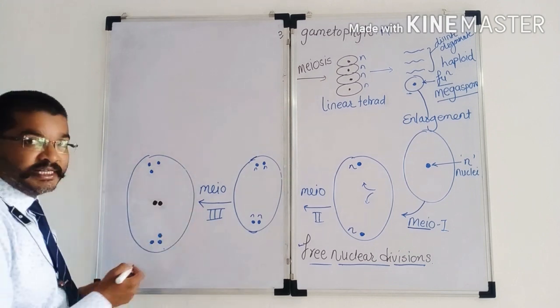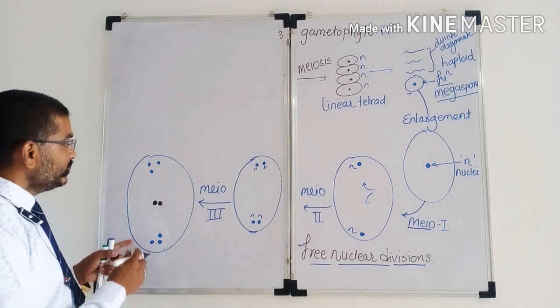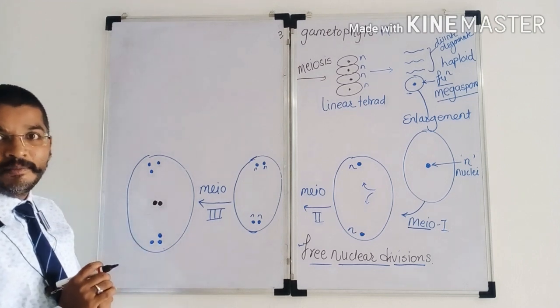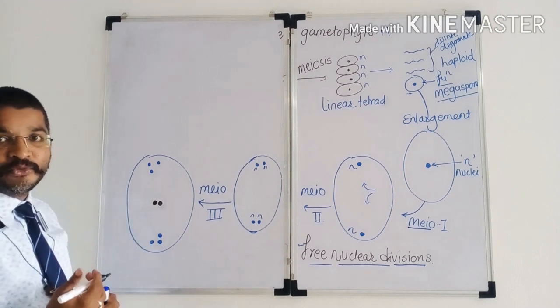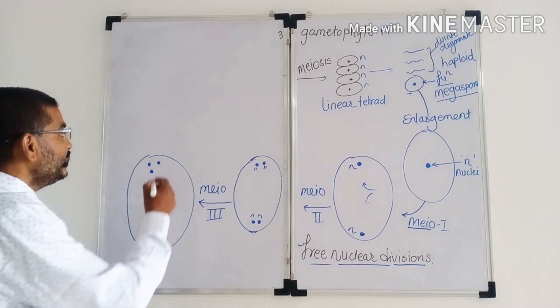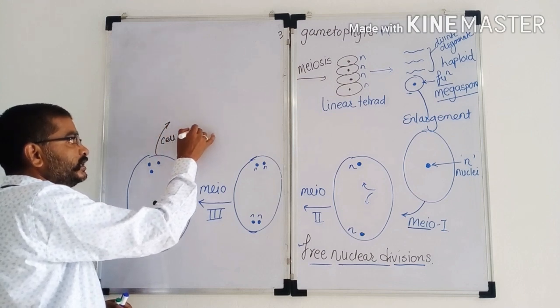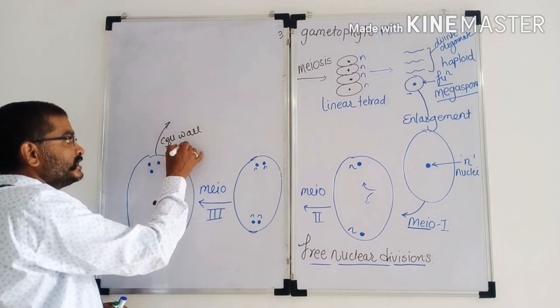Means inside the single oval shape structure, the immature embryo sac, a total of 8 nuclei are present, 3 towards the 2 opposite poles and 2 in the center.